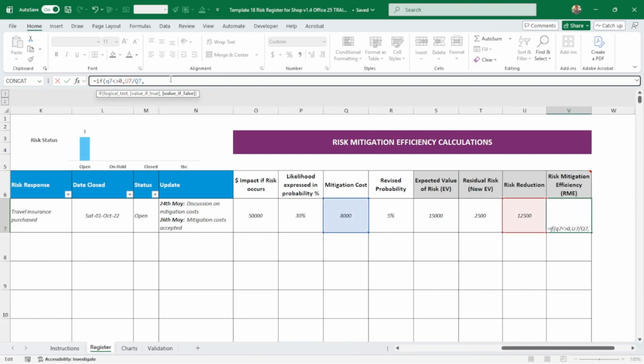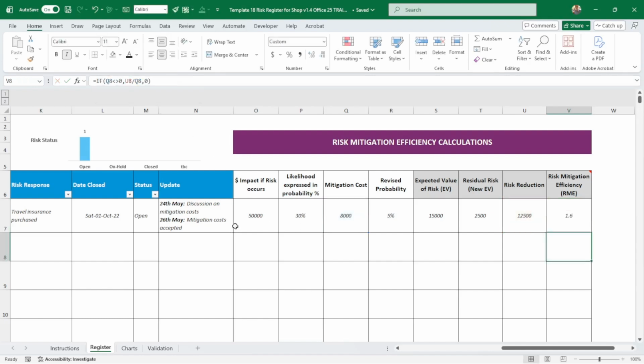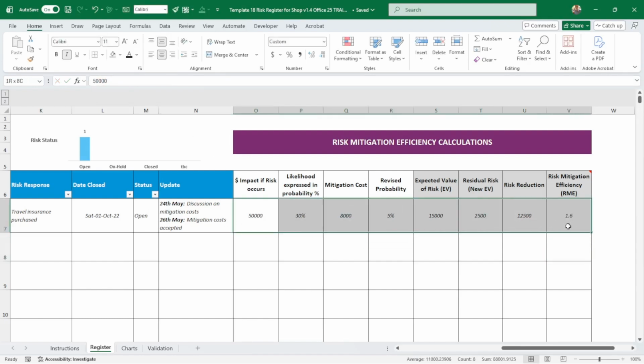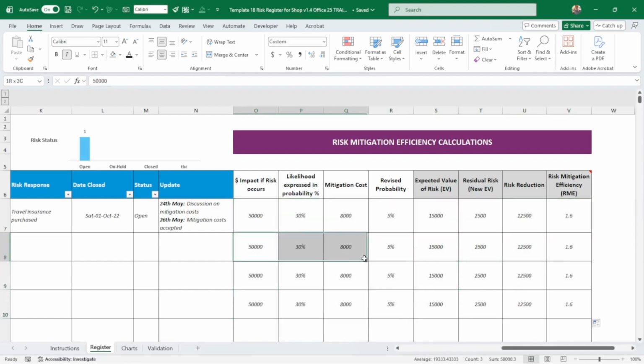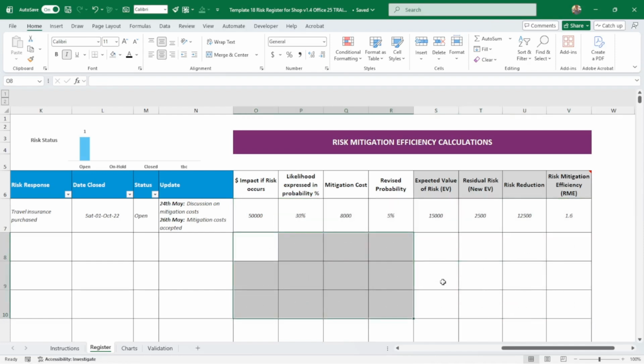Otherwise, just going to put 0. Okay? That's it. And obviously, before I go into the closing ceremony, you make sure you drag all these down, okay, to make sure this is applied everywhere. Obviously, the numbers can be removed.